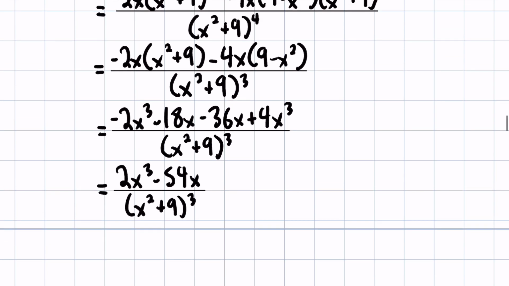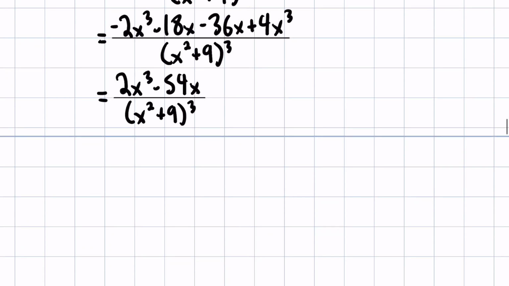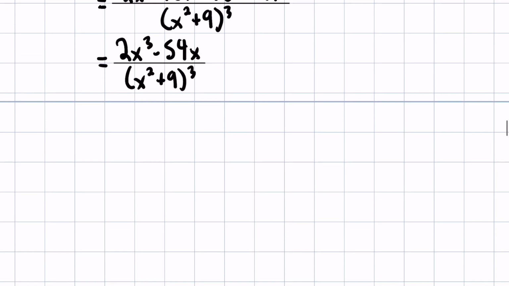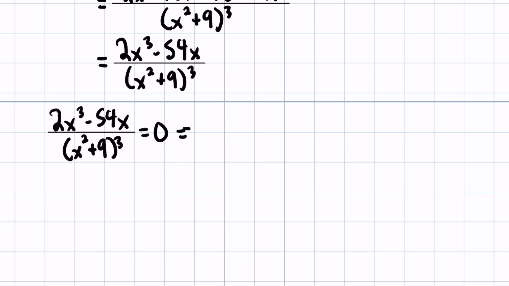Now, in order to find our inflection points, we need to find the places where the second derivative is equal to 0. So let's go ahead and just set this equal to 0. So we multiply both sides by the denominator. So now we can just say, okay, the numerator needs to equal 0.